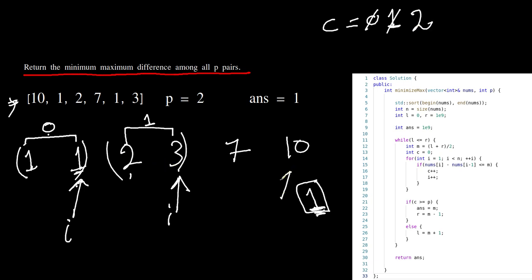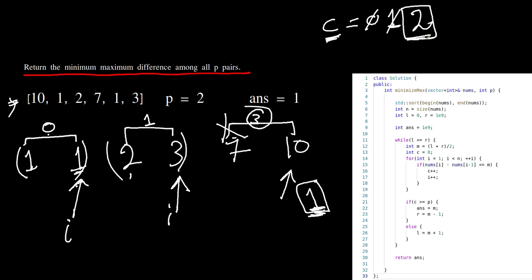Next I is here. 10 and 7, the difference is 3, and this is greater than 1, and that means this is an invalid pair, and we are done with this iteration, and the counter equals 2.